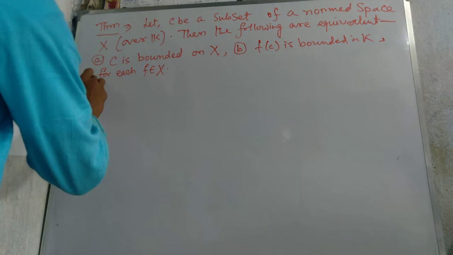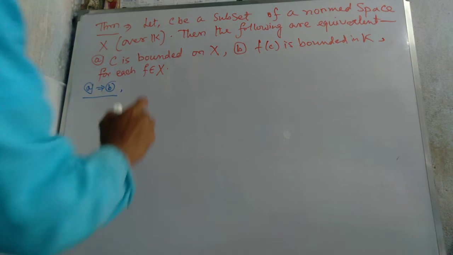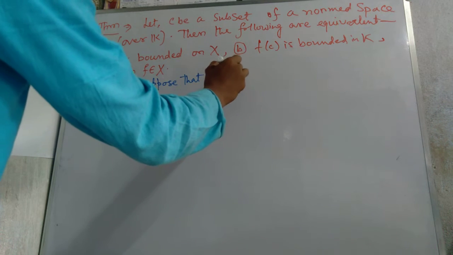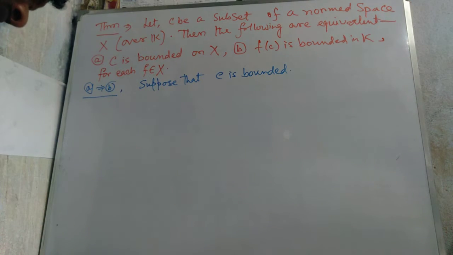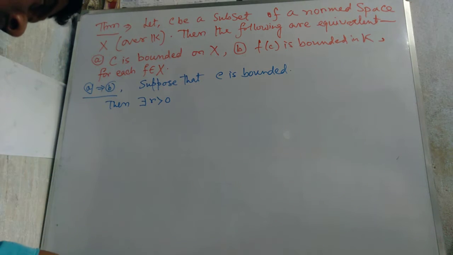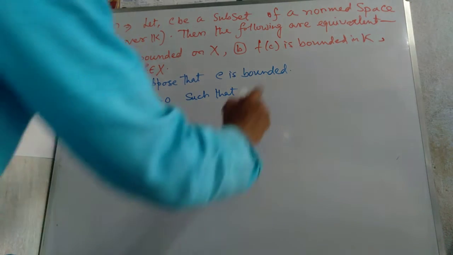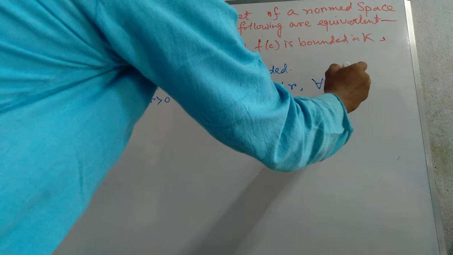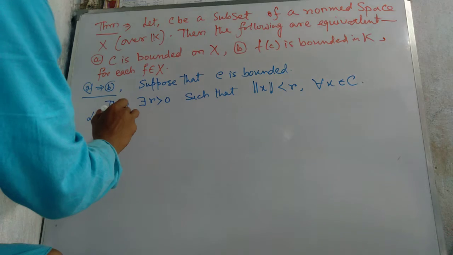Now A implies B. Suppose that C is bounded. Then there exists R greater than 0 such that norm of x is less than R for all x belonging to C. Let f belong to X star.